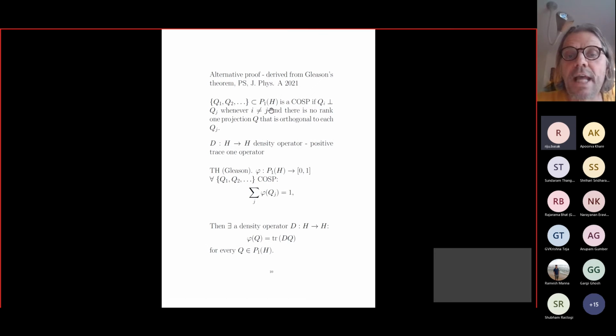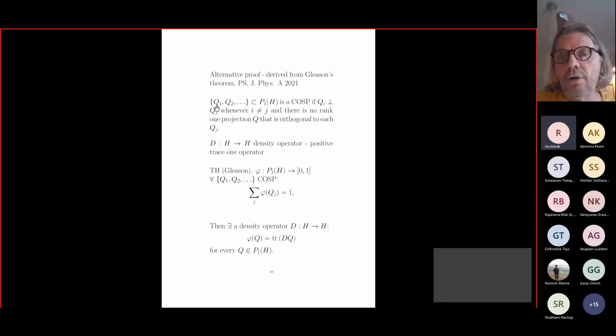I will call such a set a complete orthonormal system of projections of rank 1, COSP, if any two are orthogonal and I have a maximal such subset, which means that there is no other rank 1 projection that is orthogonal to each of them. So it's clear what I mean by COSP.